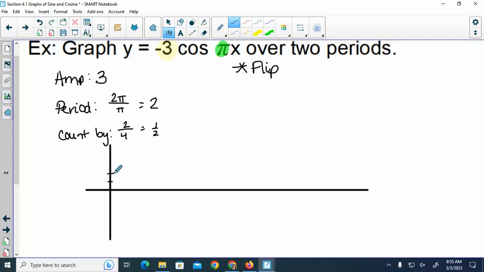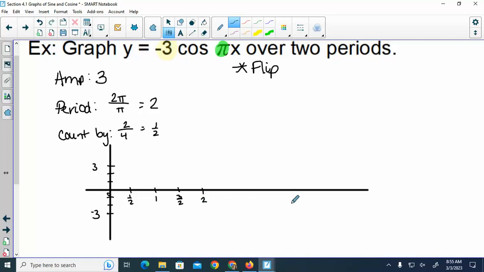My amplitude is 3, so my high point is 3. Low point is negative 3. And we're starting at 0, and then we did a total of 5 points, so 0 being the first, so 4 after that. Counting by 1/2, so the next one is 1/2. 1/2 plus 1/2 is 1. Plus 1/2 is 3/2.